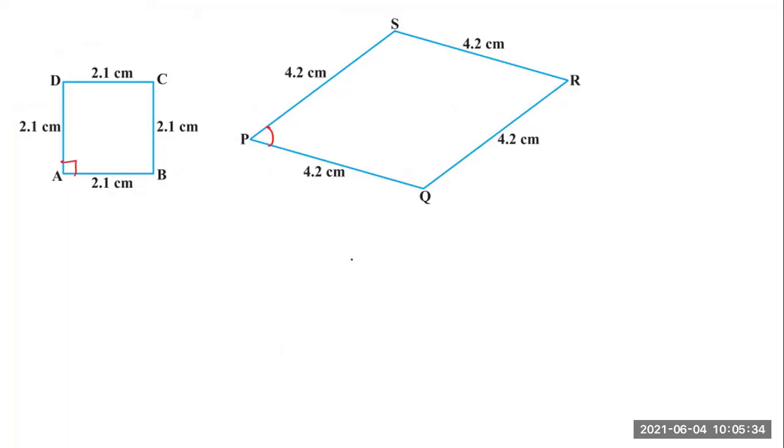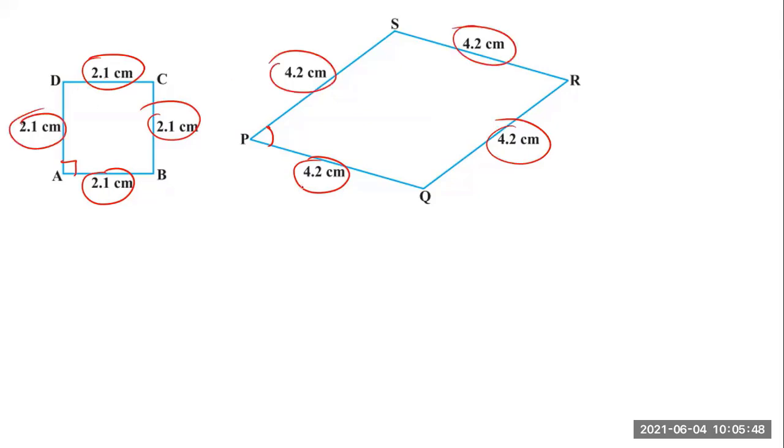So then directly you can mention they are not similar, but sides are in proportional. 2.1, 4.2, 2.1, 4.2, all are equal to 1 by 2. But the angles are not equal. Then both the figures are not similar. Is it clear? Yes, sir. Okay.